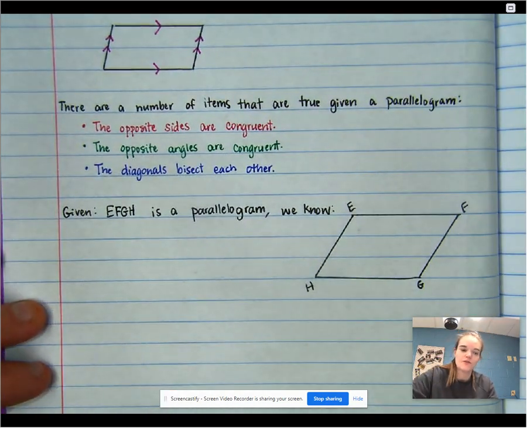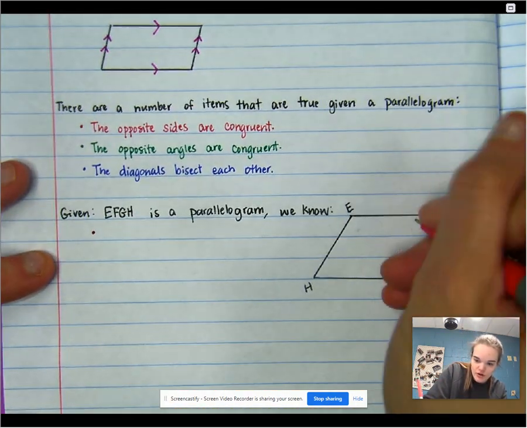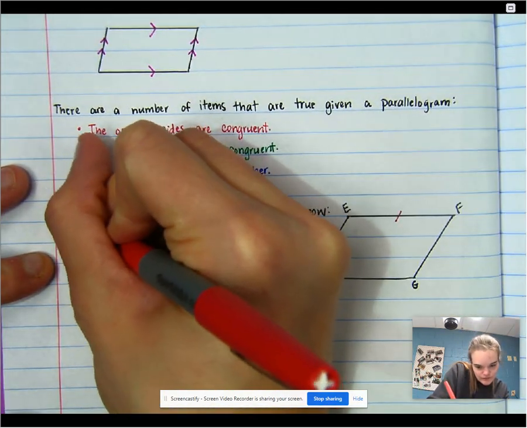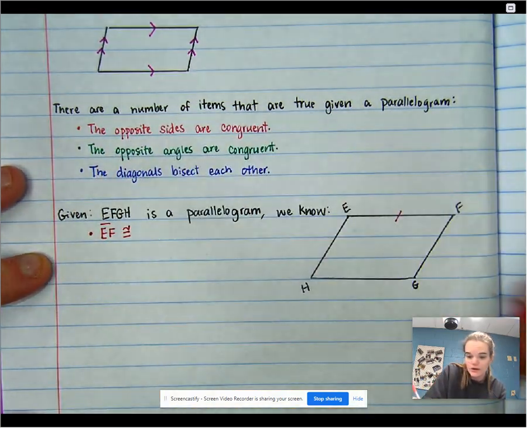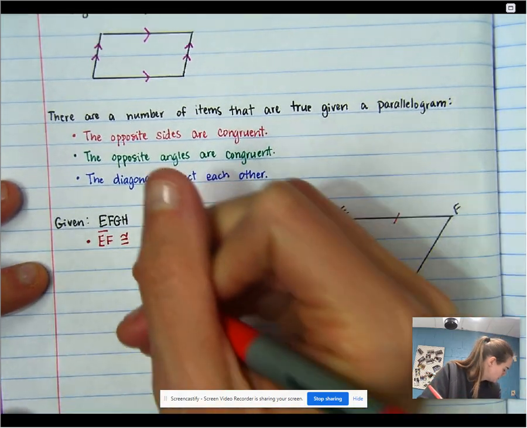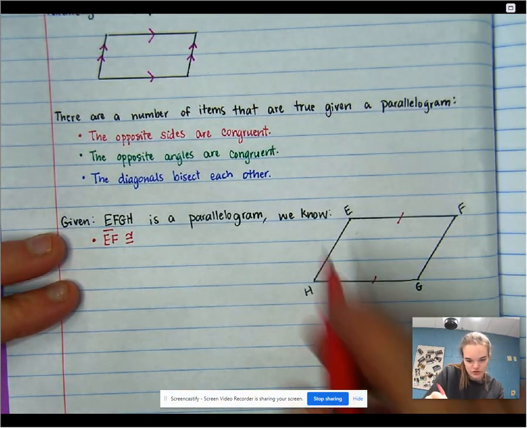Okay. The first thing we know is that the opposite sides are congruent. So EF is congruent to HG or GH. It is GH.